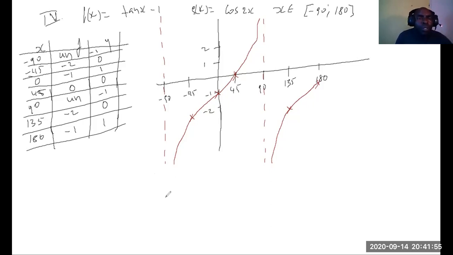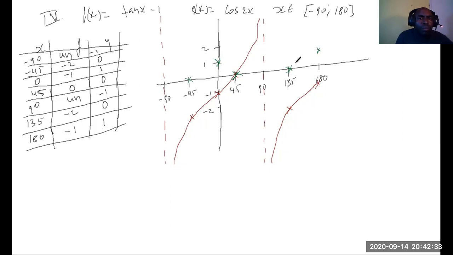I've got my zeros at negative 45, at 45, and also at 135. I've got my maximum at 0, which is 1, and also at 180, which is 1.